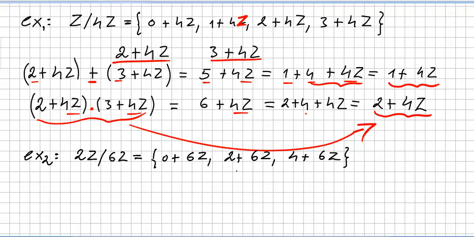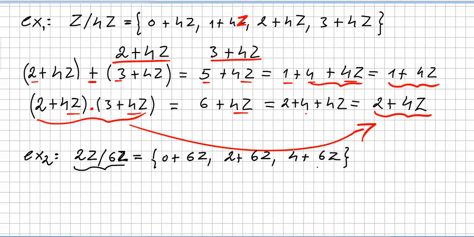You have another factor group here, the multiples of 2 by the multiples of 6. Sometimes it's a bit hard to see this, but it will be 0 plus 6Z, 2 plus 6Z, and 4 plus 6Z.